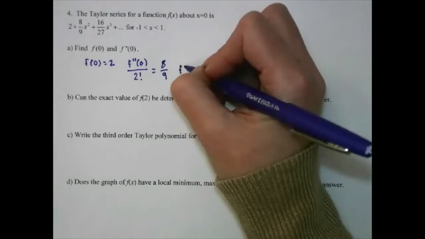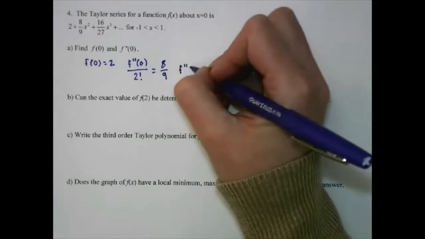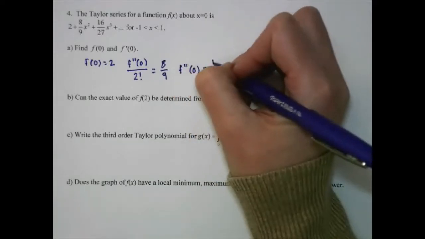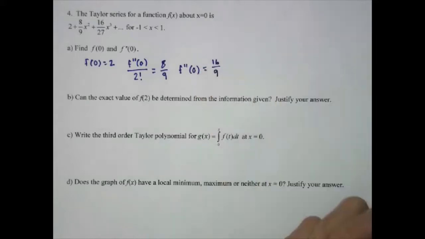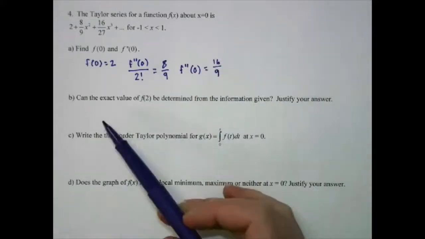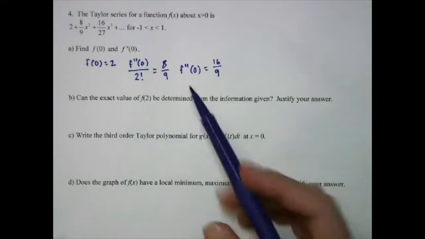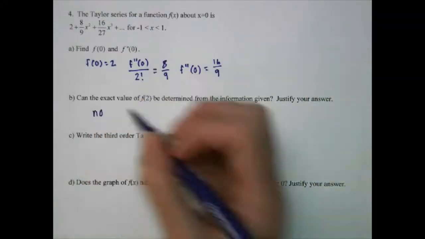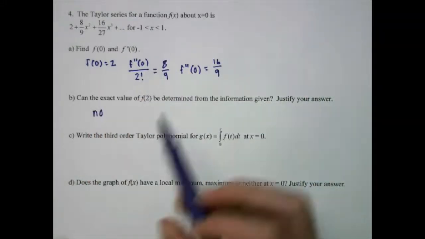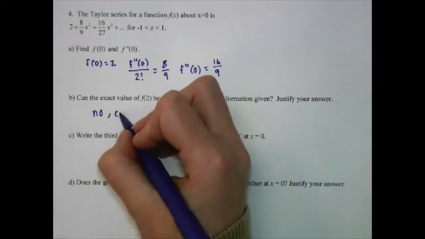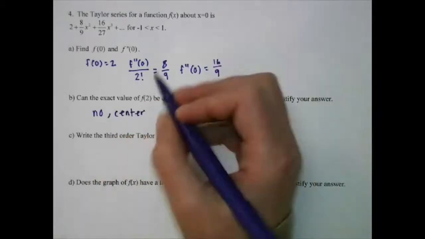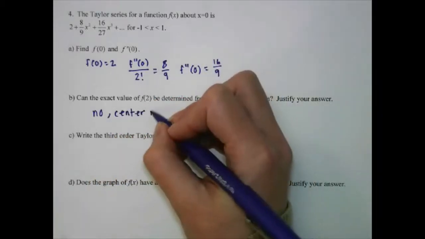So then we'll just solve that by multiplying by 2. So that's going to be 16 ninths. Okay, can the exact value of f of 2 be determined? No. The only thing that we can determine is anything about 0. The center is 0, not 2. So we have no information about 2.